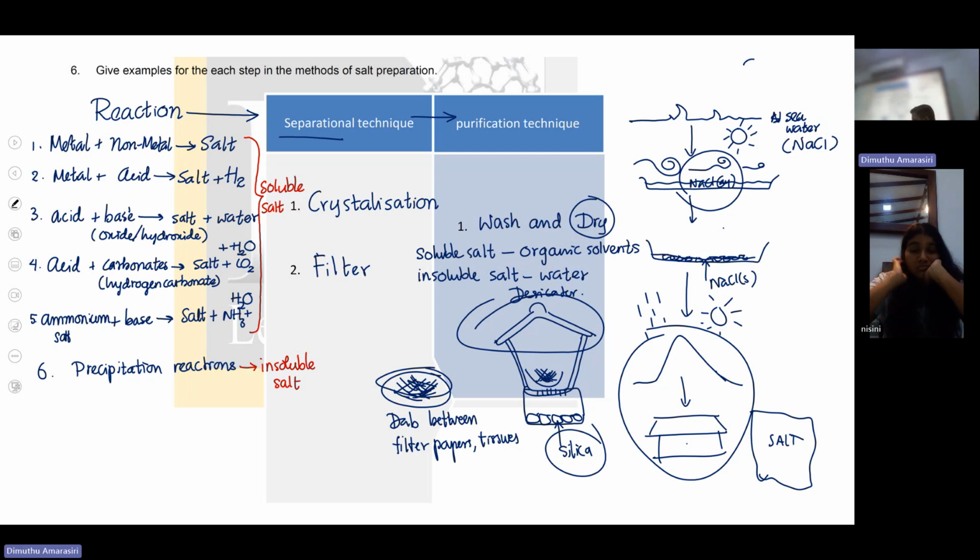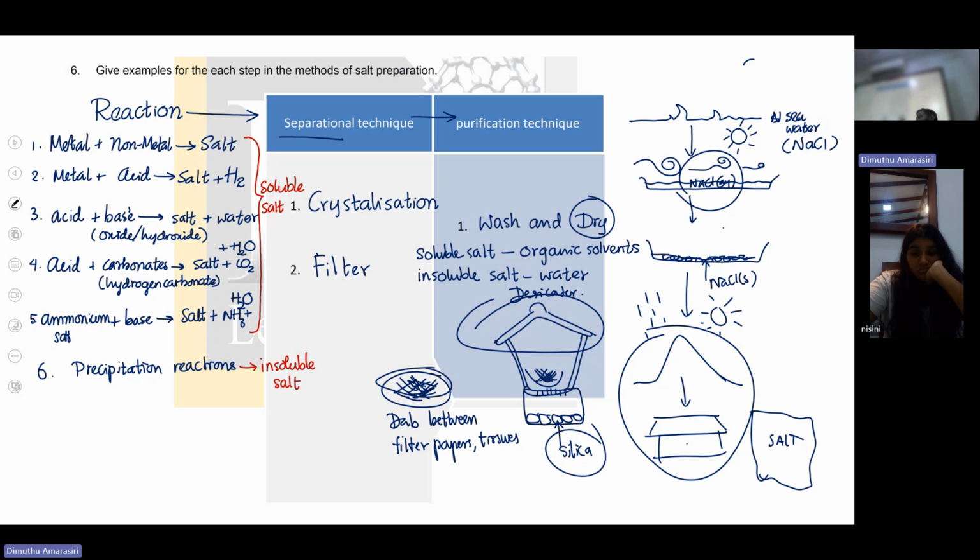Then they shovel them and dry them in normal conditions. That's how we get crystal salt, and then they send that to the factory.